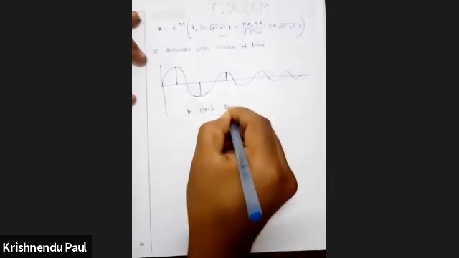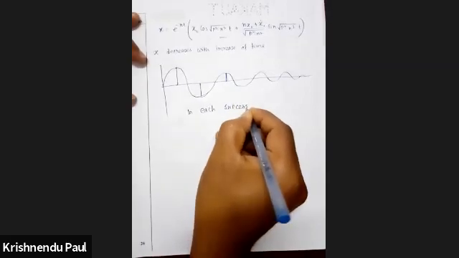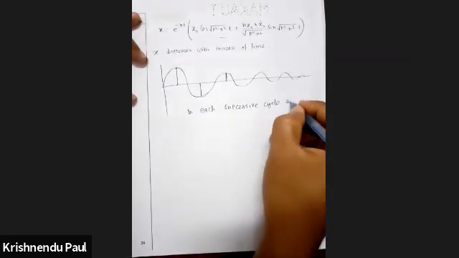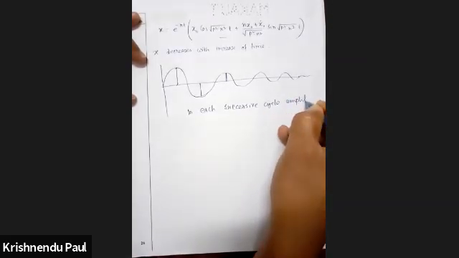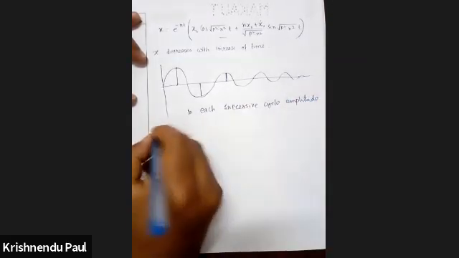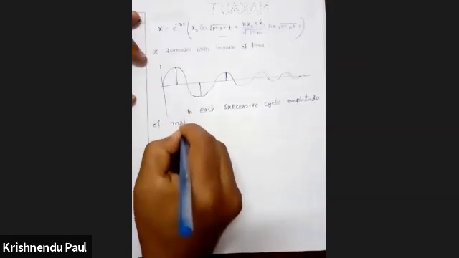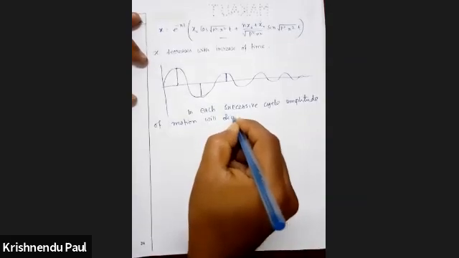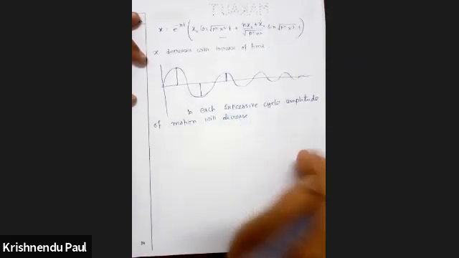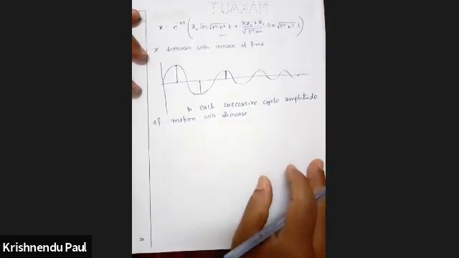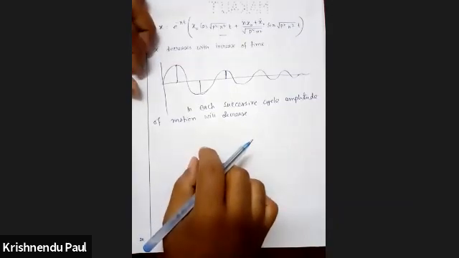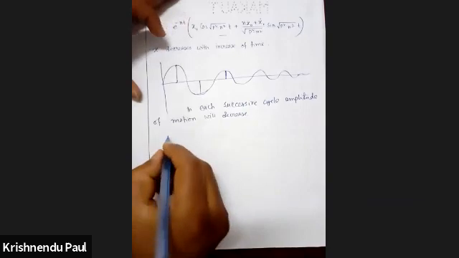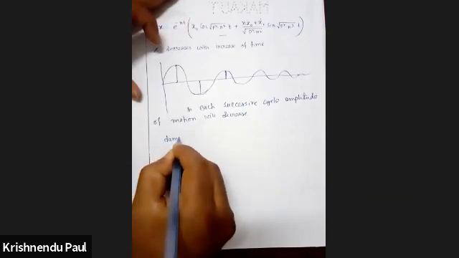In each successive cycle, the amplitude of motion will decrease.